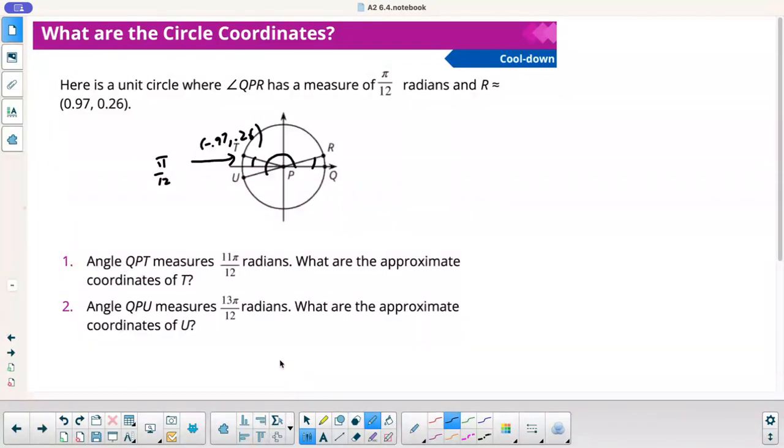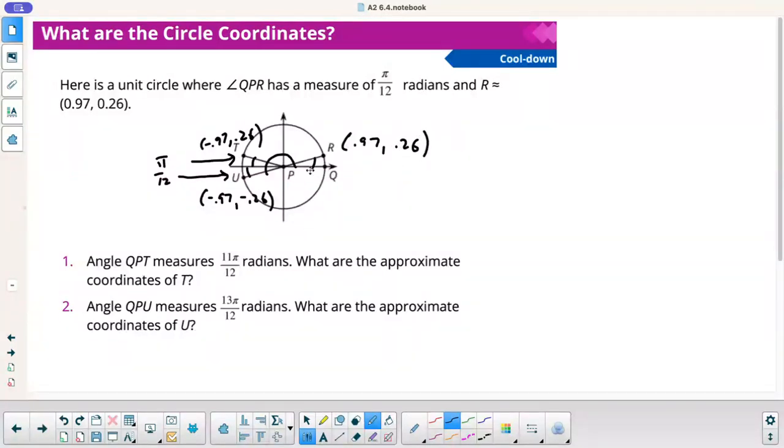Okay, so that angle QPU. So this is really like, again, a pi over 12 angle with the x-axis. So this is going to be kind of the same coordinates, just they're both going to be negative. Hang on, let me put that first one in there so you can see it.